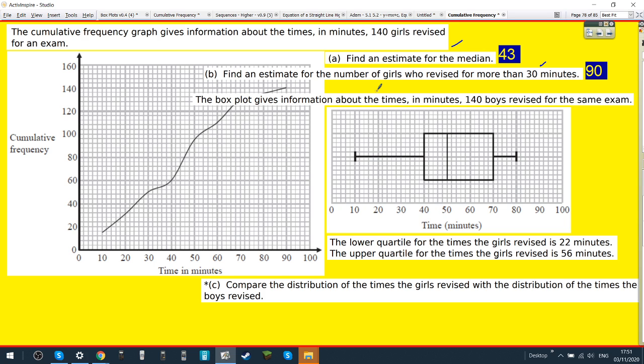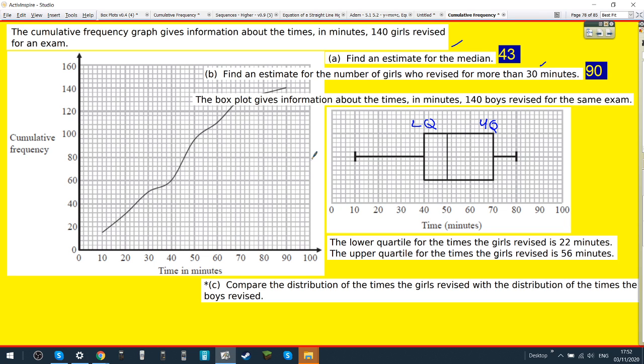So are the two lines of the box the lower and upper quartile? Lower quartile, upper quartile?